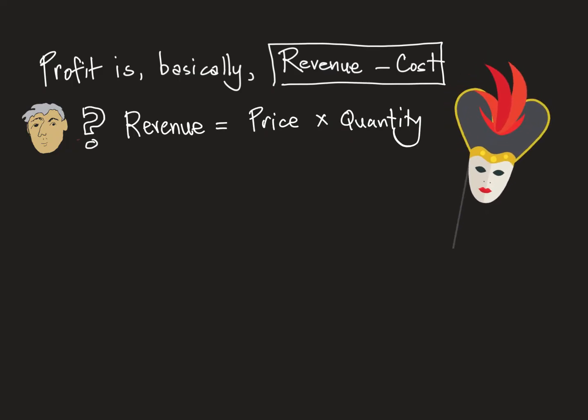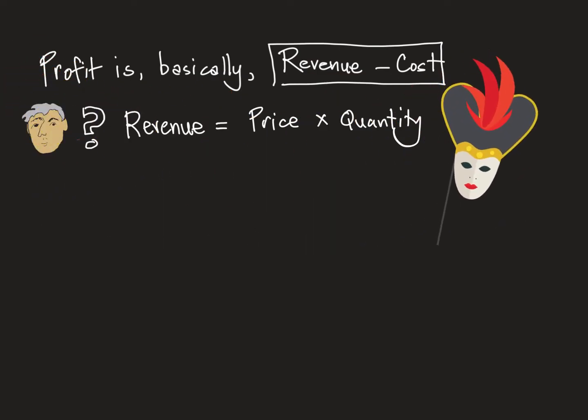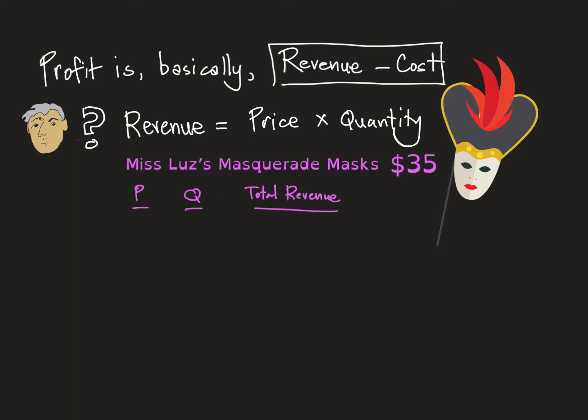So let's go with an example here that we'll use for a little bit. Let's say you're making masquerade masks. Miss Lou's masquerade masks, $35 a pop. Get yours now. So if we have $35 per mask and we sell 0 masks, our total revenue will be 0.